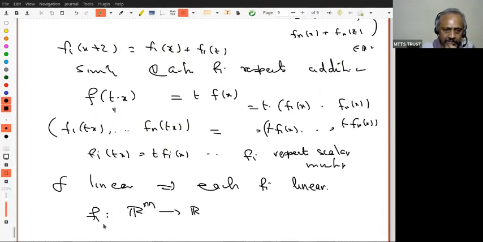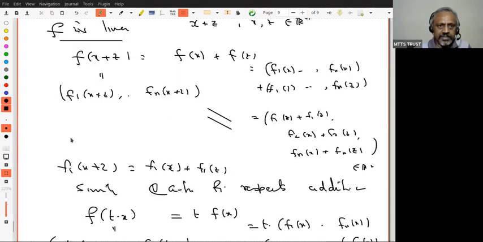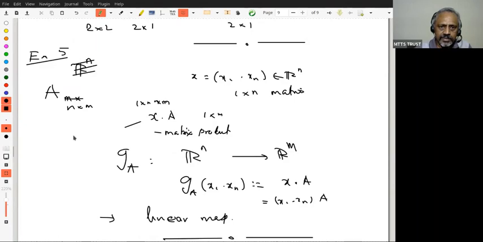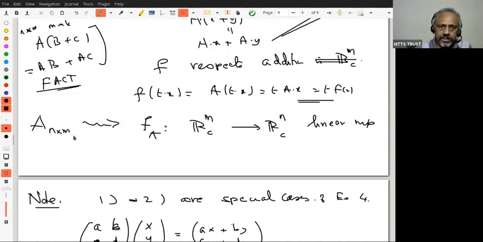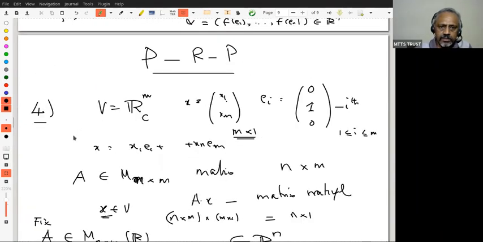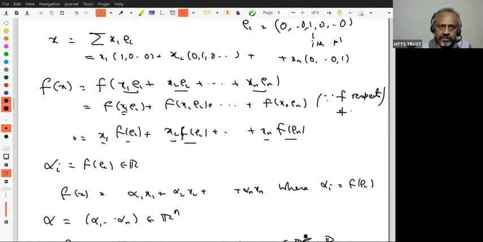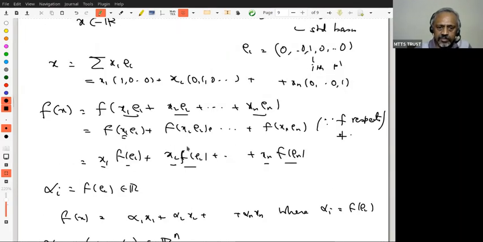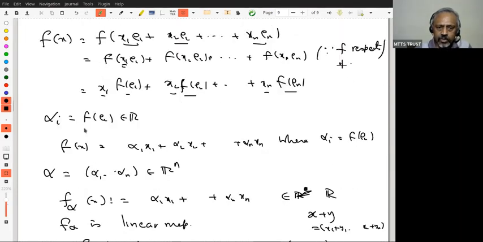Notice that in our example earlier, I think example number 3, we had already identified all the linear maps from Rm to R. They are given by f alpha, that is f of x equal to alpha 1 x1 plus alpha 2 x2 plus dot dot plus alpha m xm, where alpha i is f of ei.